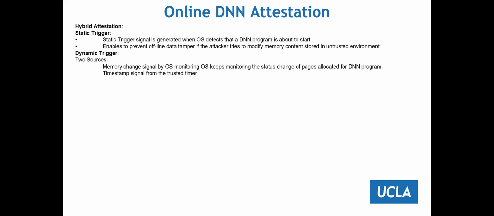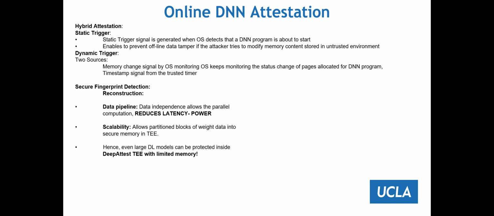We have two sources. The first one is a memory change signal, which is monitored by DeepAttest. It's a signal intrinsic to the OS, and again the DNN program captures it. The second one is the timestamp signal from the trusted timer within our container. These two are the trigger mechanisms upon which we let our algorithm run, so they cater to both offline and online stages.